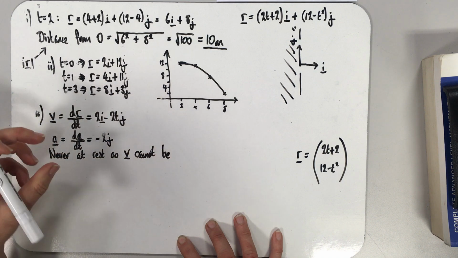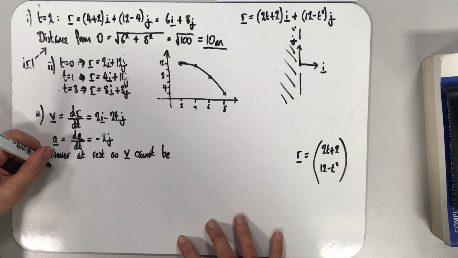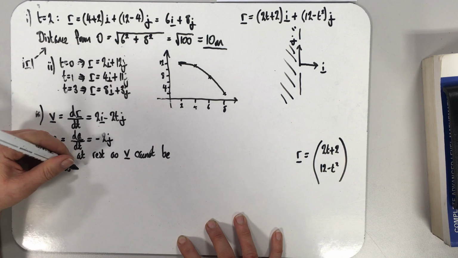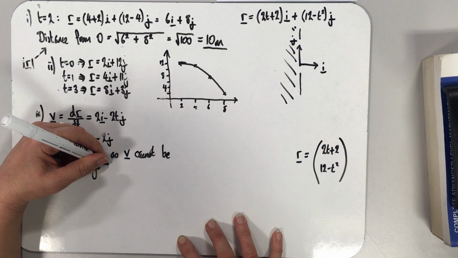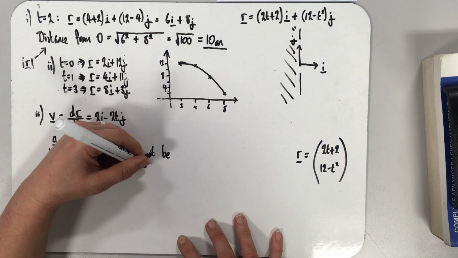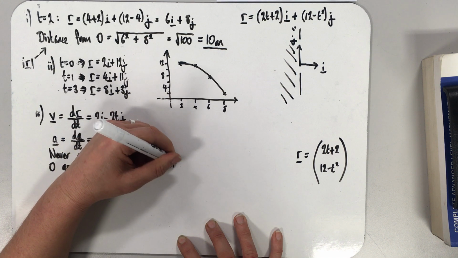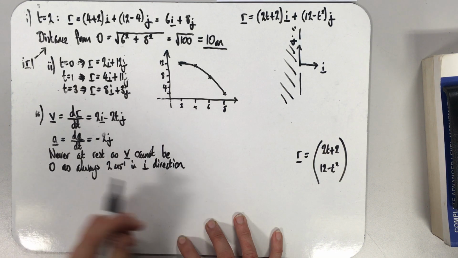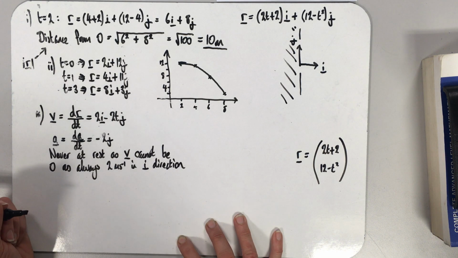You'd have to have 0i plus 0j for it to be 0. So, words to that effect: it's never at rest, the velocity cannot be 0, it is always 2 meters per second in the i direction.